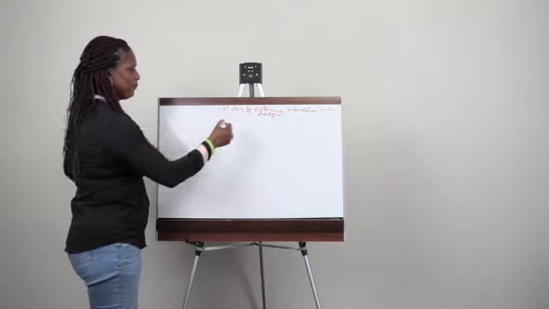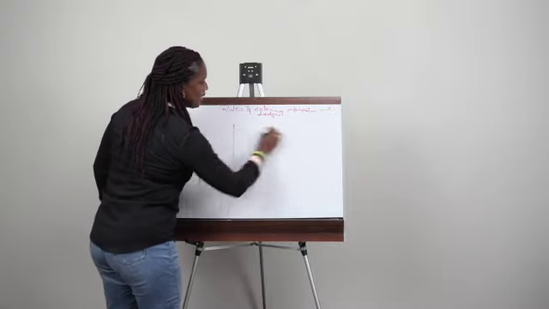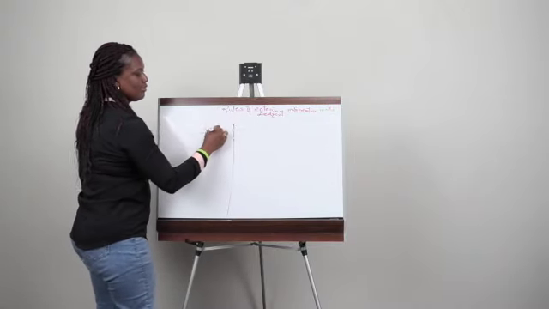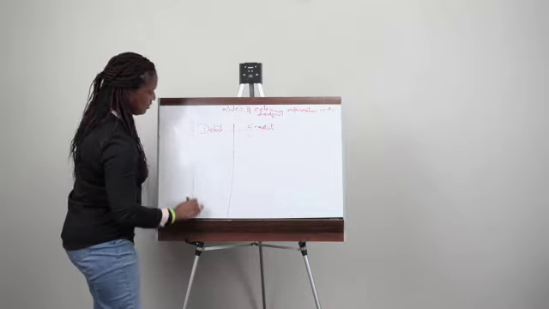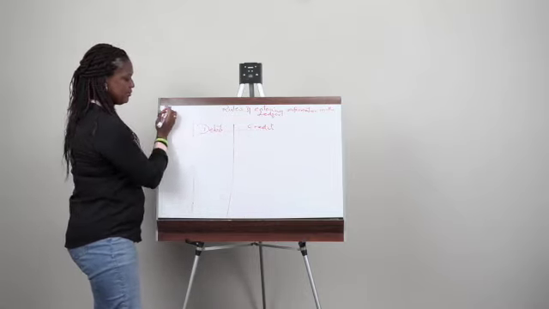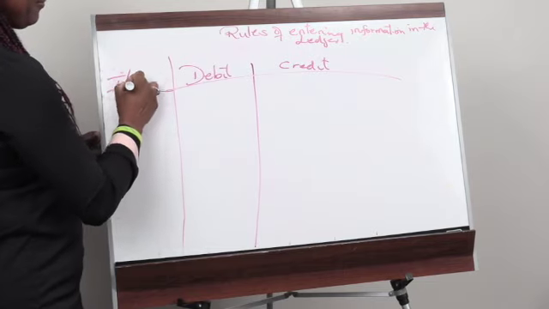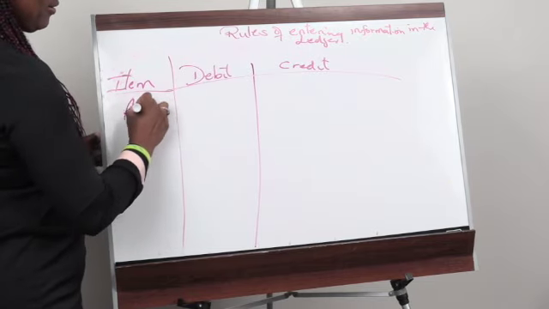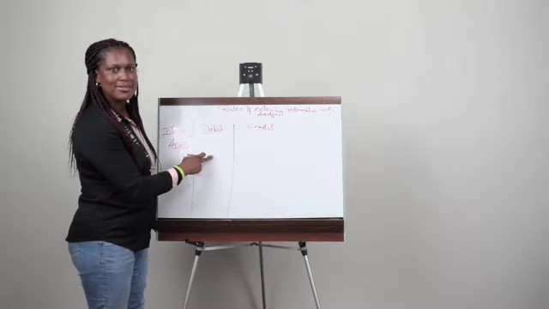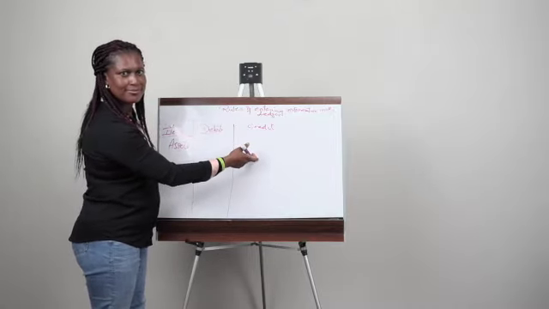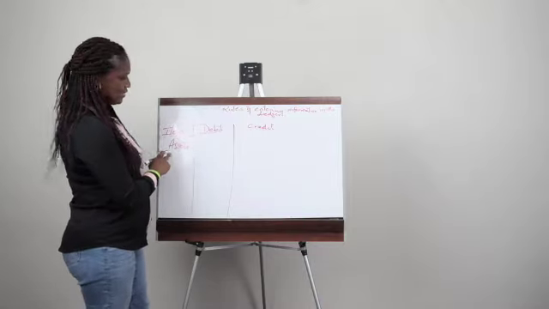Quick recap. You will tell me debit, credit. And I have 3 columns. Item. Assets. When do we debit? When do we credit? Okay? Assets.